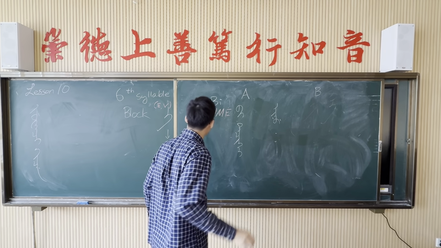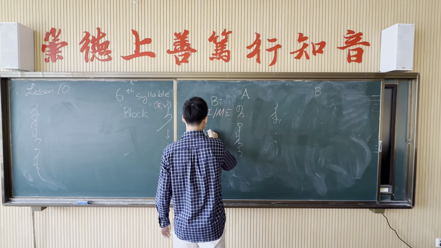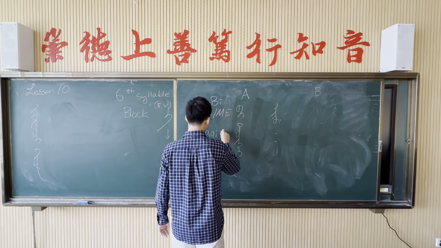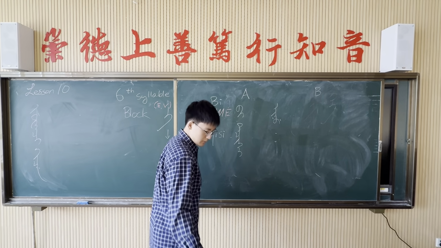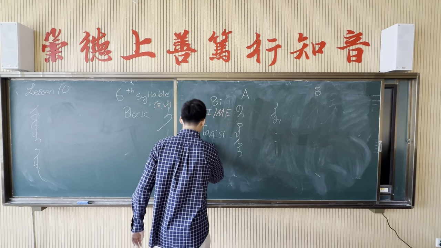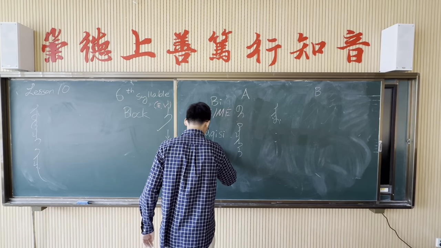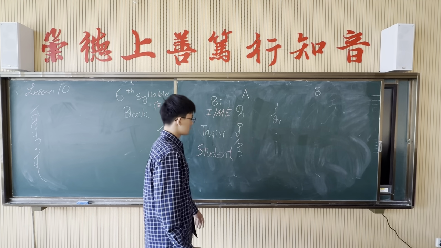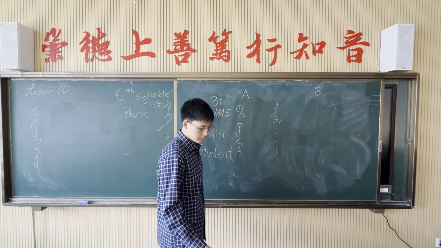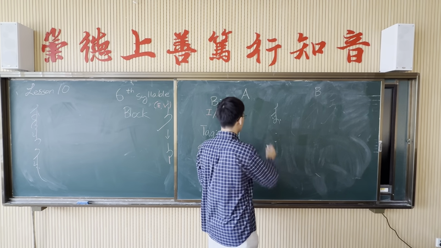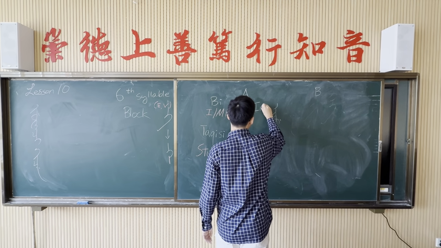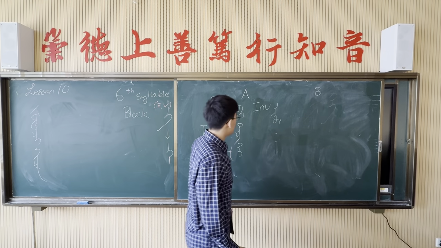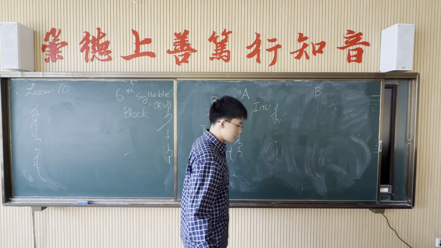Wrong color. 다치시. Student. And then we have 이노. 이노 means correct.